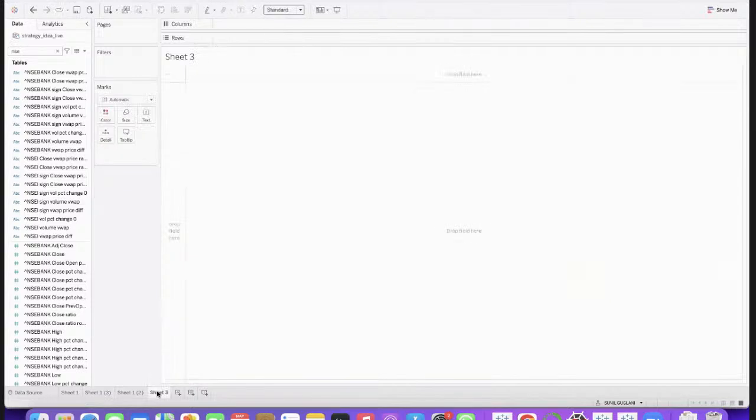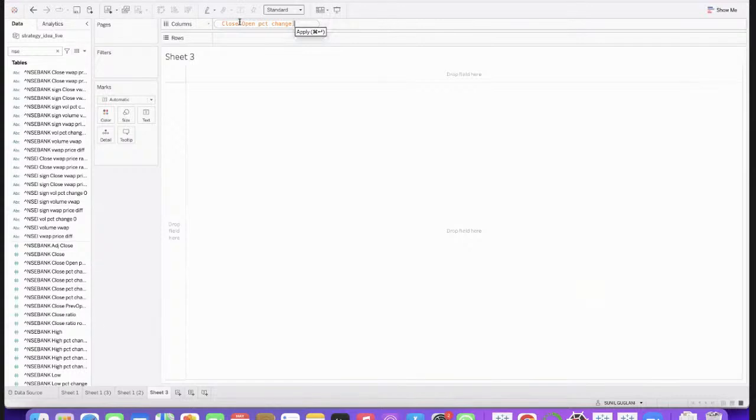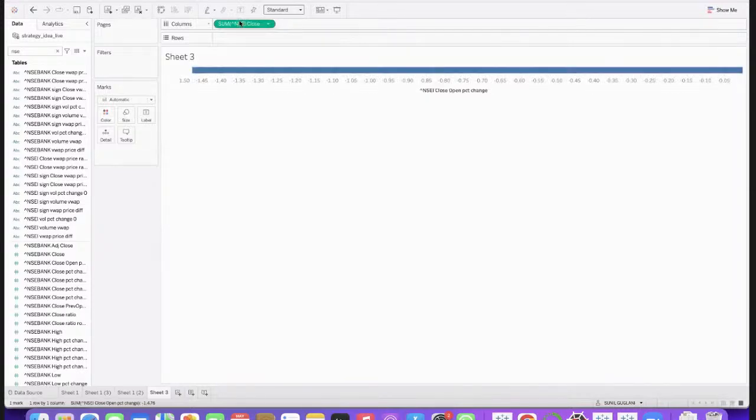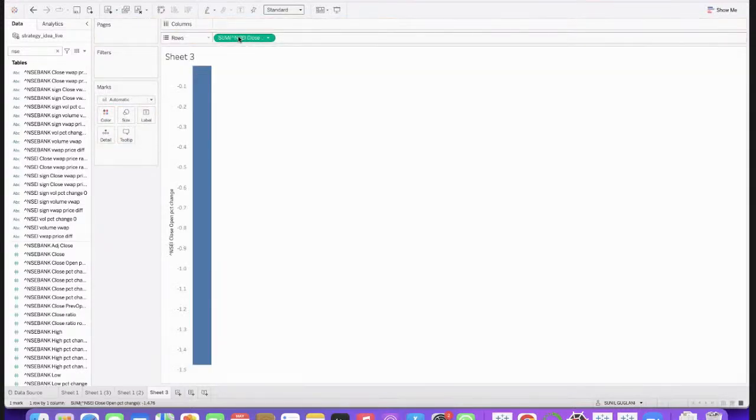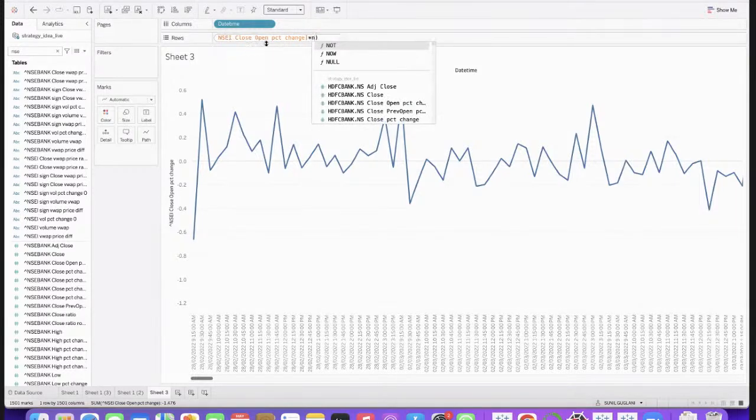So I will use another slide here. I'll use NSEI. Again, I will be using the close percentage change of Nifty 50. I'm assuming that we will be trading Nifty 50 on the basis of Bank Nifty. So I will be using the previous candle of Nifty Bank.